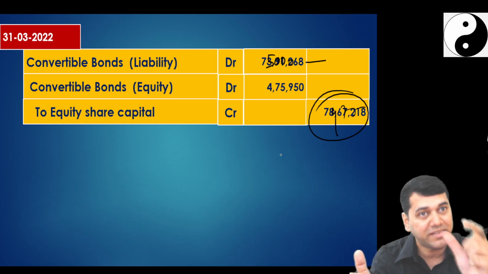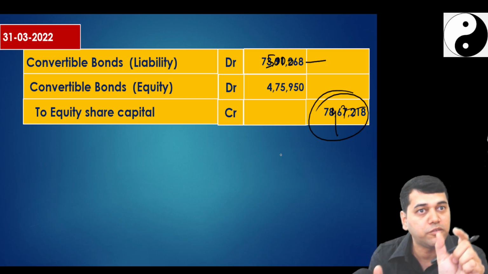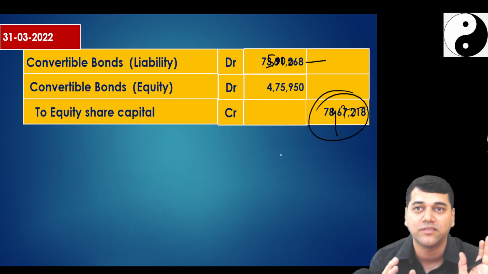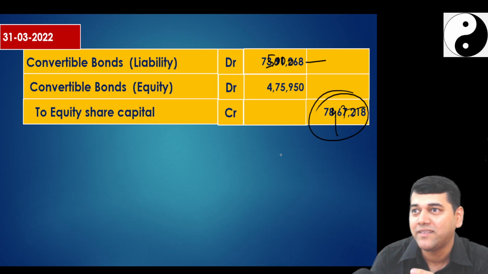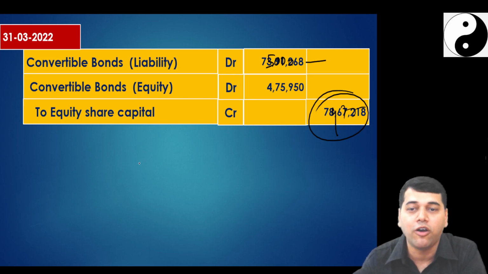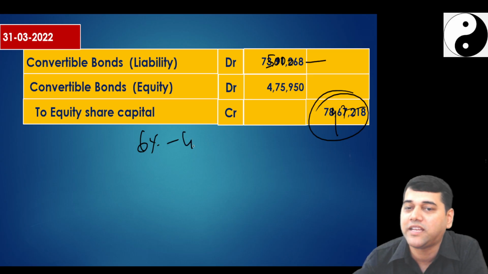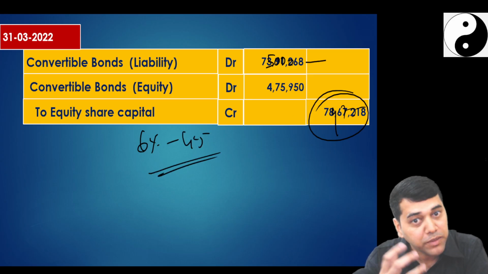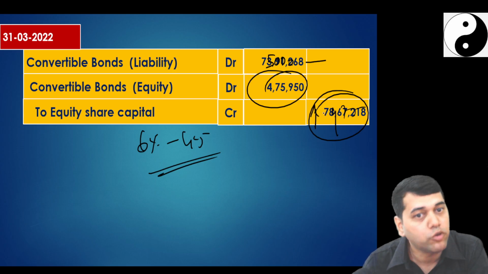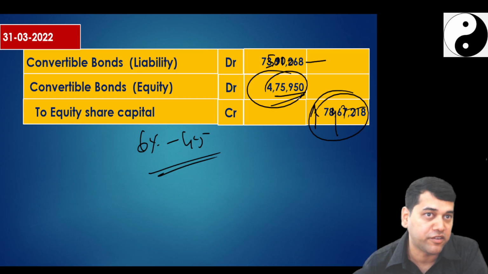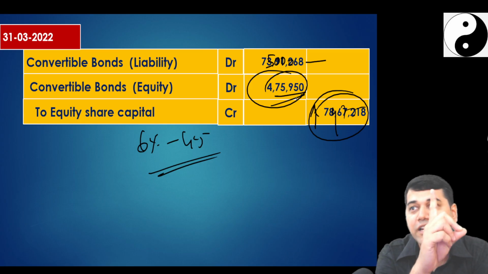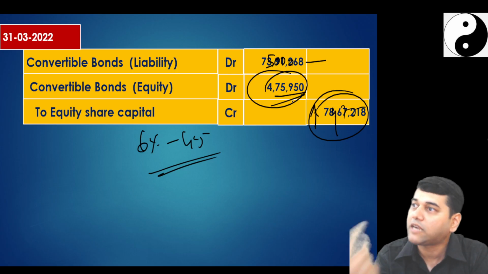What is the premium? Present value of all the future benefits, the difference between 6% and 4.5%. When we say balancing figure, that balancing figure is the present value of the difference between 6% and 4.5%. Because of this benefit, my total equity is going to increase. Here, it is not exactly 4.75 because one more year of unwinding was pending. Before that only they converted.